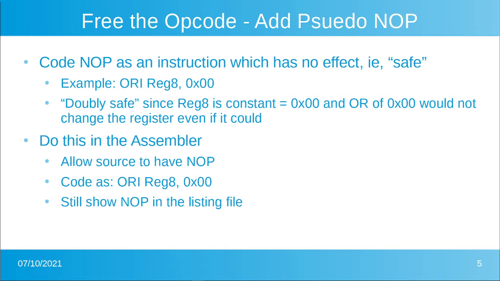And if we do it right, it'll still show a NoOp in the listing file. So we won't have affected the way the listing looks. If you look through the signal tab instructions, it'll show that OR of register 8 with 0, and it'll just look a little strange. But the listing file will be fine, and the operation will be as if we'd written a NoOp instruction.